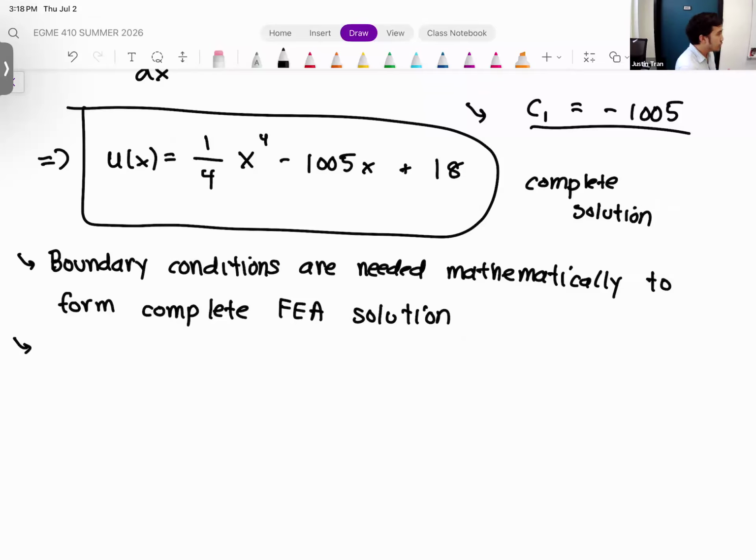Remember, boundary conditions, at least physically, the way that we're interpreting them, are any external effects that are going to be affecting our system. One way that you can think of it is that boundary conditions provide the impetus, the input, in order to cause our system to react.